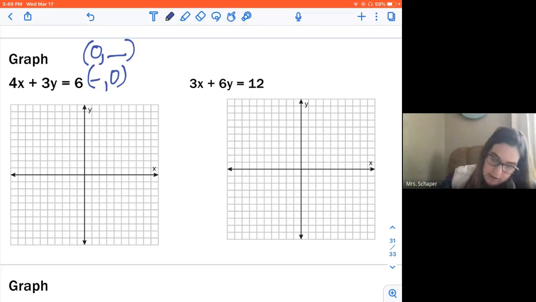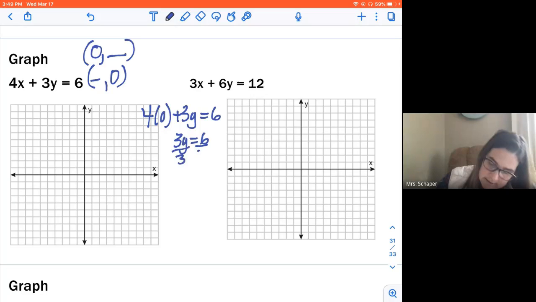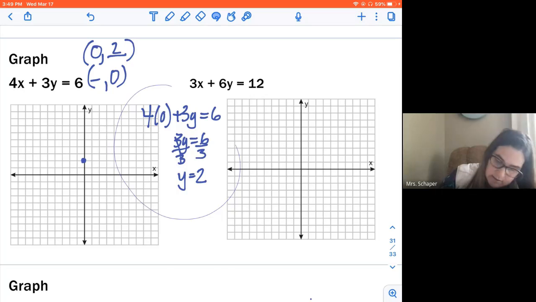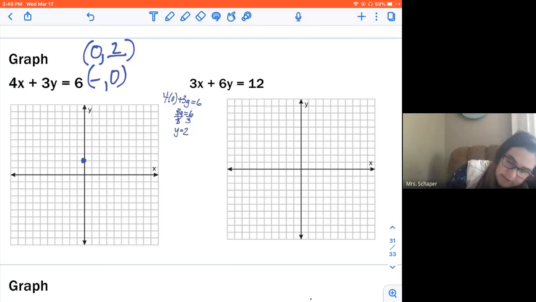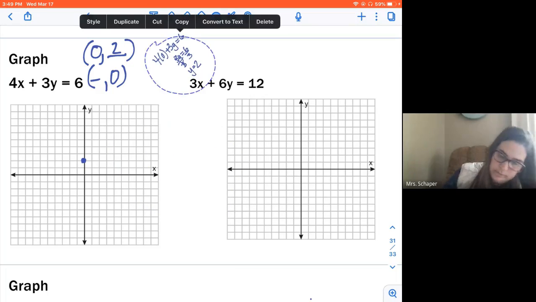When I look at this, I'll take 4 times 0 plus 3y equals 6. 3y equals 6. So y equals 2. So one of my ordered pairs is going to be 0, 2.